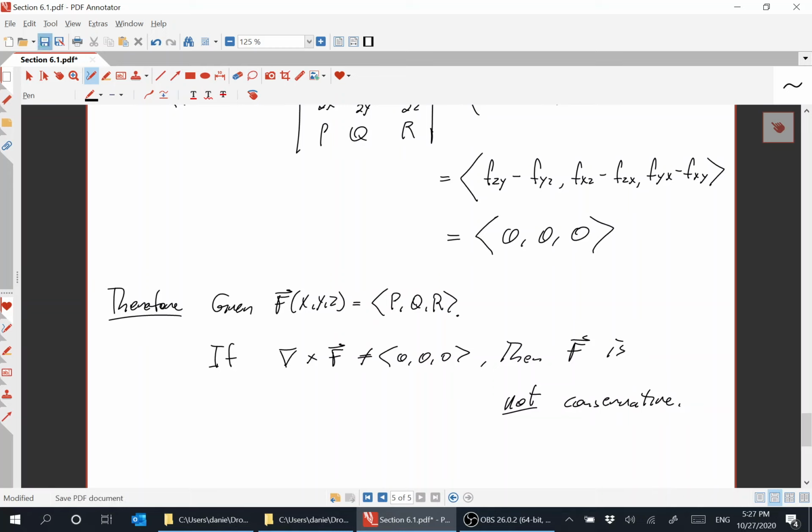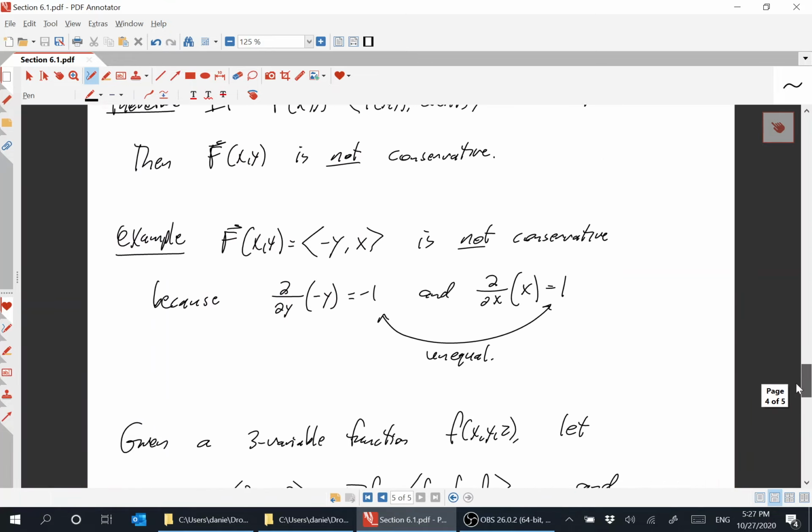Not conservative. Okay? Actually, it works the other way around as well. If gradient cross F is equal to 0, then F is conservative. But we'll talk more about that later. For now, it's just a test for not being conservative.